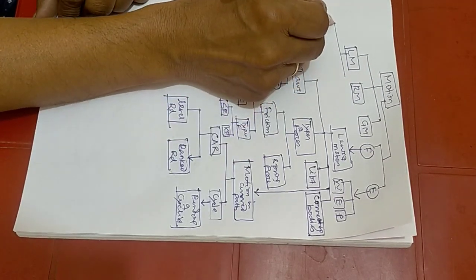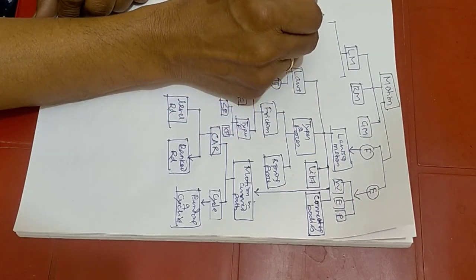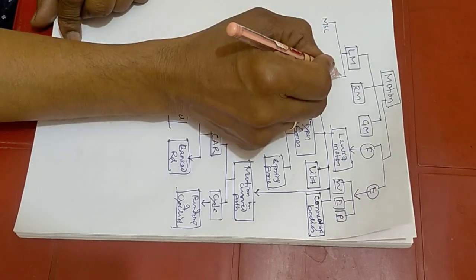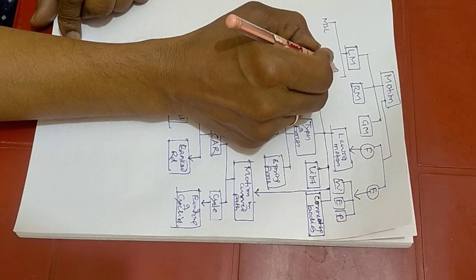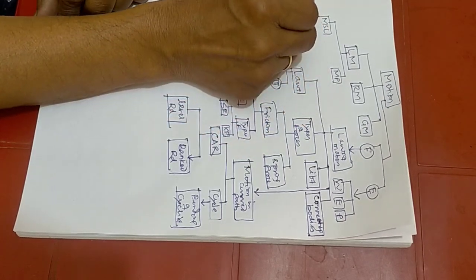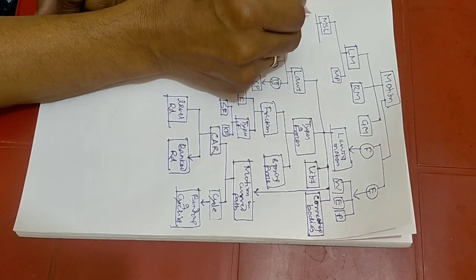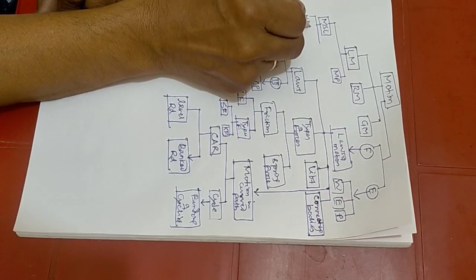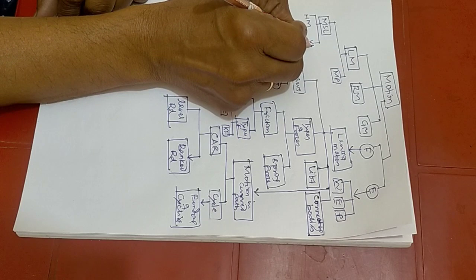In linear motion we have motion in straight line and motion in plane. In motion in straight line we have horizontal motion and vertical motion.